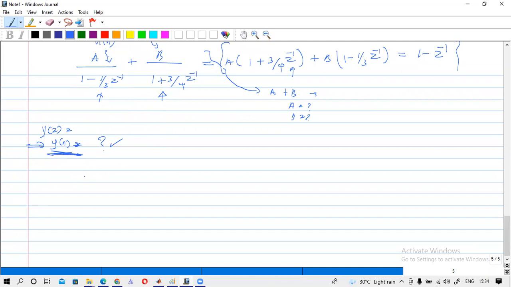Then you can get the value. Now I am focusing on the Hz. This will be my transfer function. So what is the transfer function? It will be 1 over z minus 1 by 3, plus 4 z minus, no?